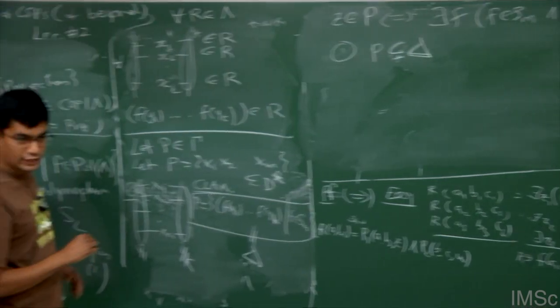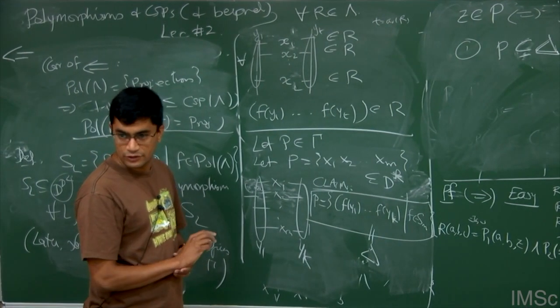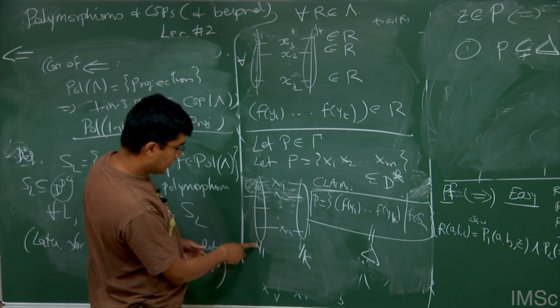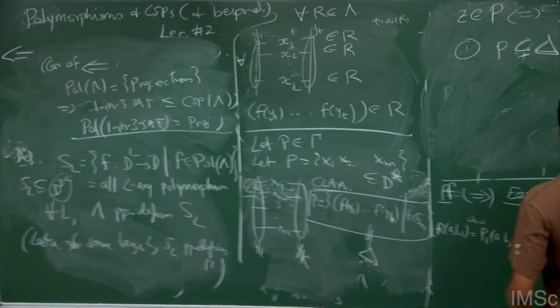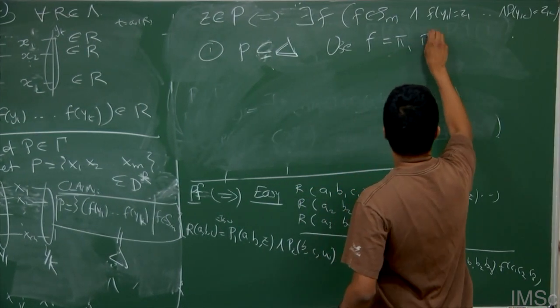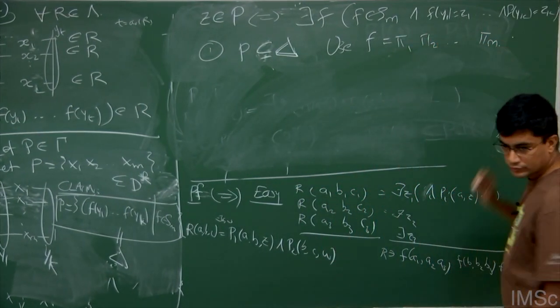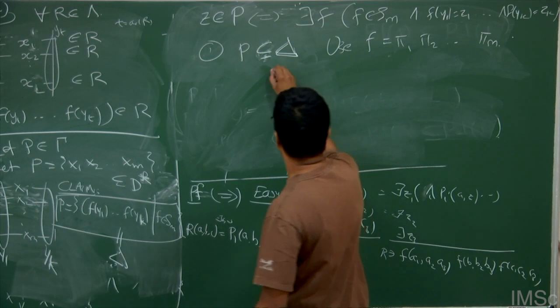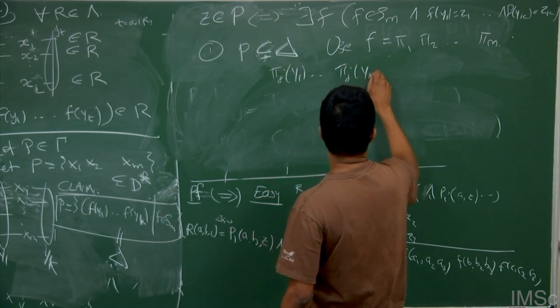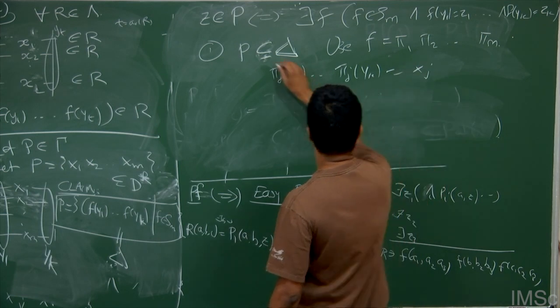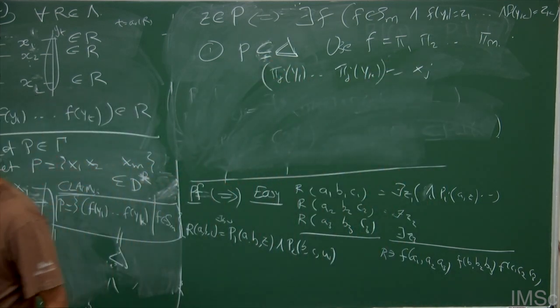So what f's should I use? Use the projections: f equals pi 1, pi 2 to pi n. And then simply use the fact that pi j of y1 to yk is simply equal to xj. Okay, so every one of these.